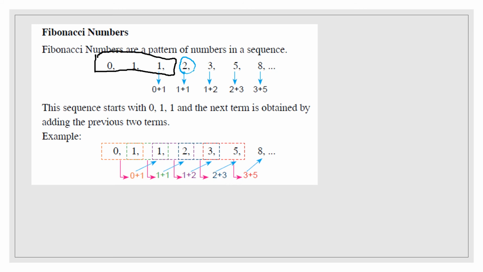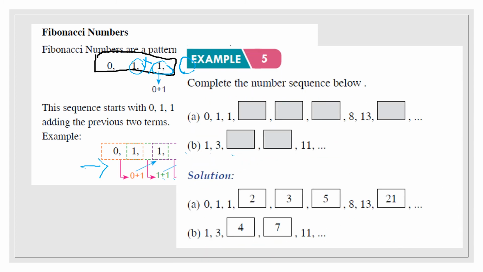This next term is obtained by adding these previous two terms. So, this is the example. 1 plus 1 equal 2. 1 plus 2 equal 3. 2 plus 3 equal 5. And so on. Complete the number sequence below. 0, 1, 1. This is the solution.